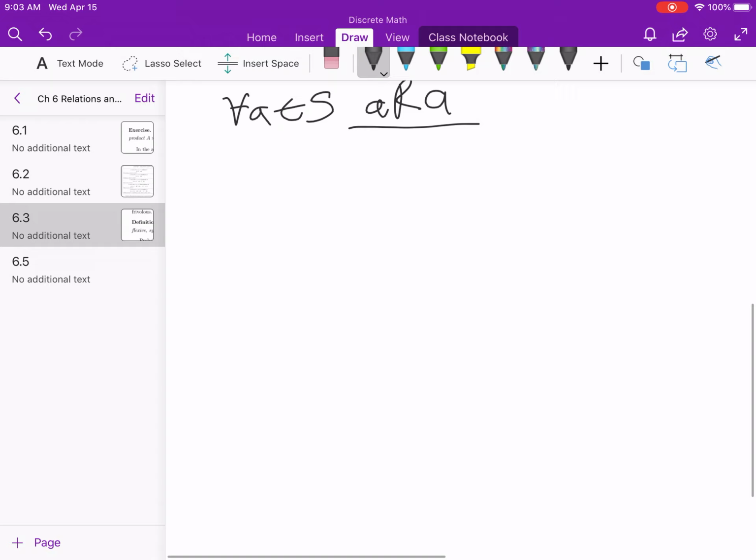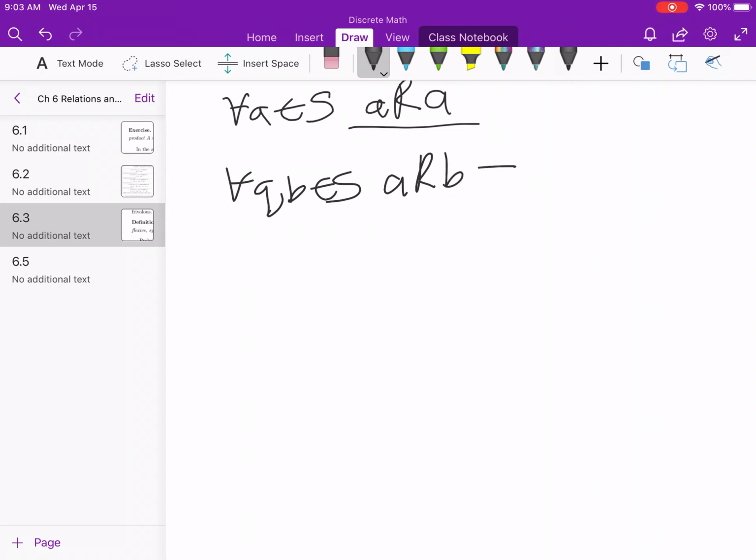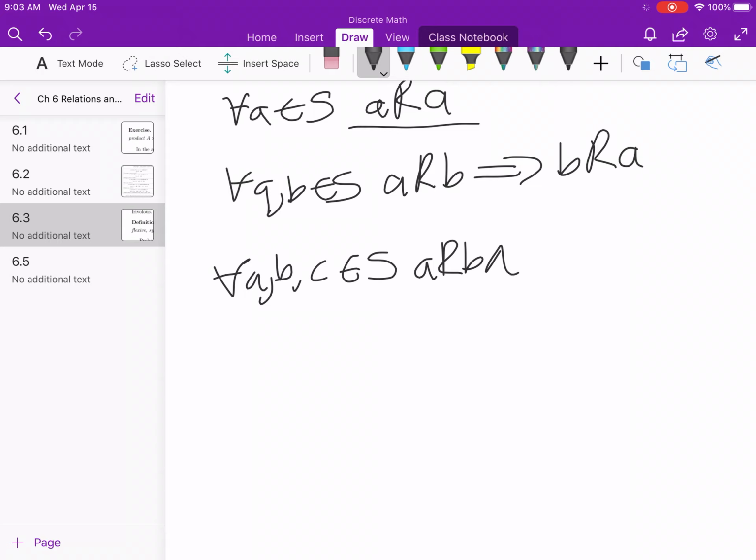I want to show it's symmetric, so for all A and B in S, if A is related to B, then B is related to A. And finally, the transitive property: for all A, B, and C in S, my set, if A is related to B and B is related to C, then A is related to C.